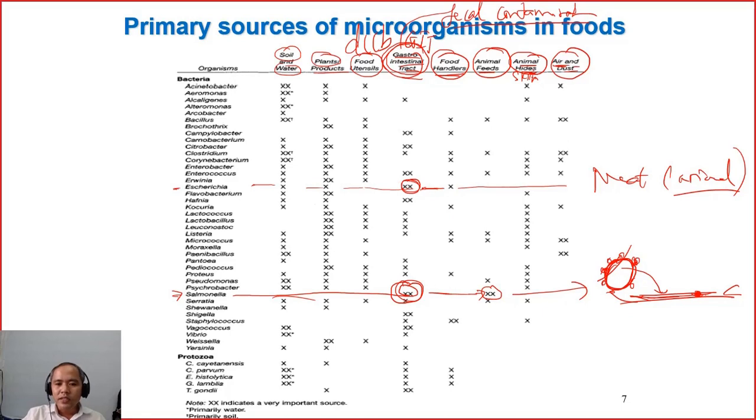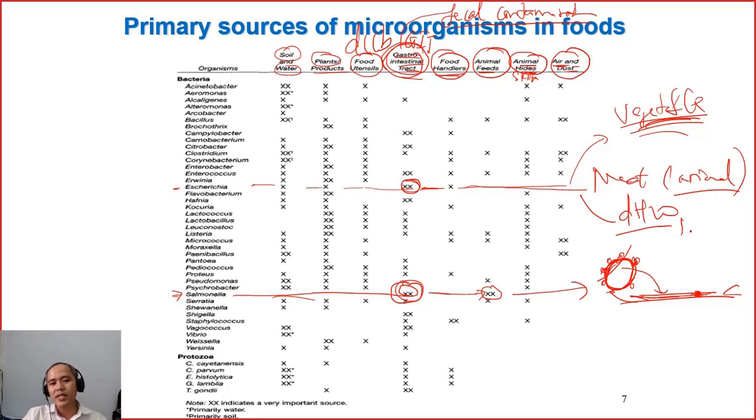However, this not only occurs in meat products but also in vegetables. It also contaminates vegetables, and people may get sick from eating vegetables. Or even drinking water sometimes contains abnormally high numbers of E. coli, higher than what should be accepted.